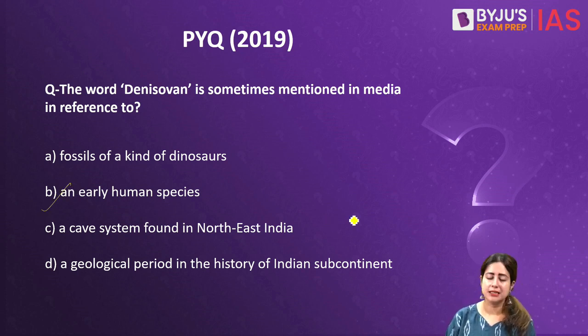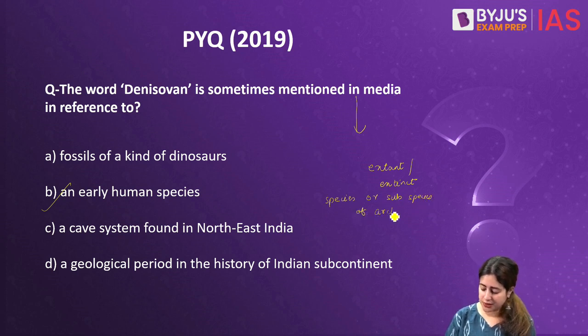Now, this has B as its valid answer because the word Denisovan is often referred to an extinct species or subspecies of archaic humans. When I say archaic, it means ancient, primitive.